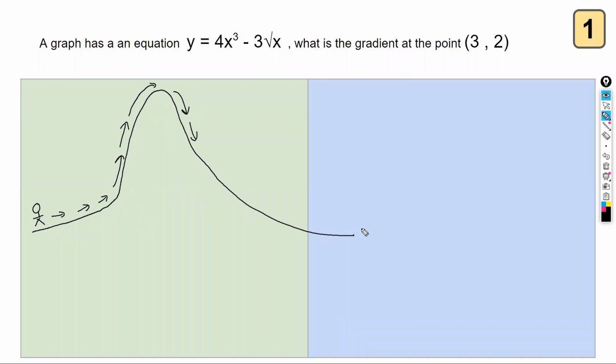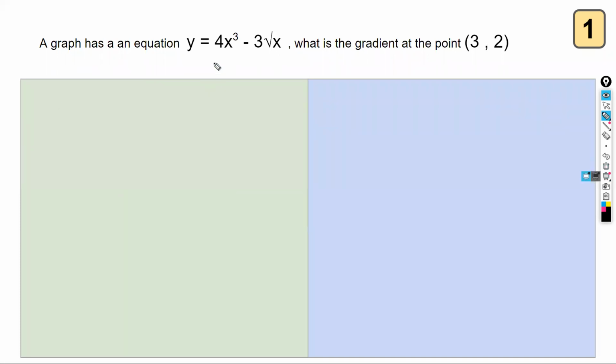So using y2 minus y1 divided by x2 minus x1 is probably not the best idea to find the gradient on a curve. So when it comes to a curve, if you want to find the gradient at a certain point, you're forced to differentiate. So here you are given a curve, right?